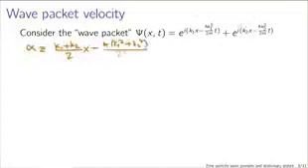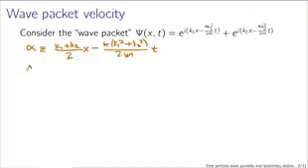Under these circumstances, it makes sense to rewrite these things. I'm going to define alpha as k1 plus k2 over 2, the average, times x, minus h bar k1 squared plus k2 squared over 2m t. Essentially, the sum of the argument of this and the argument of this.